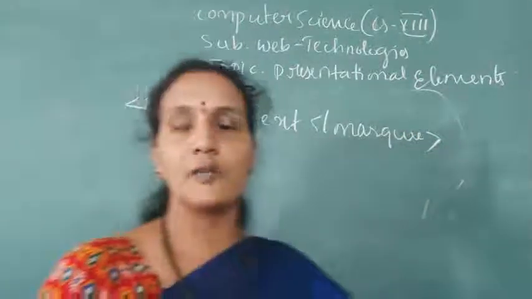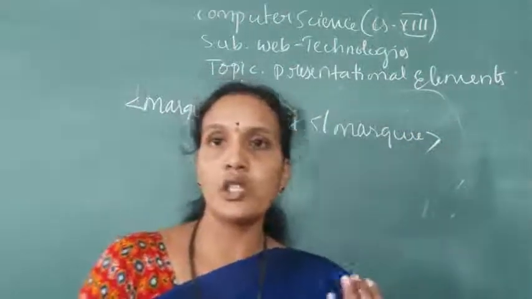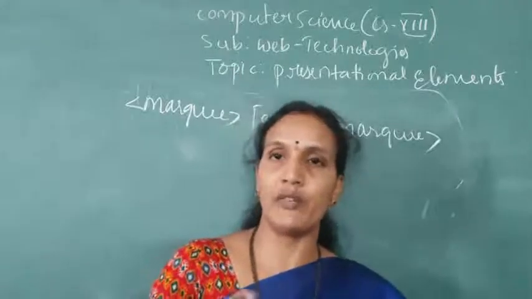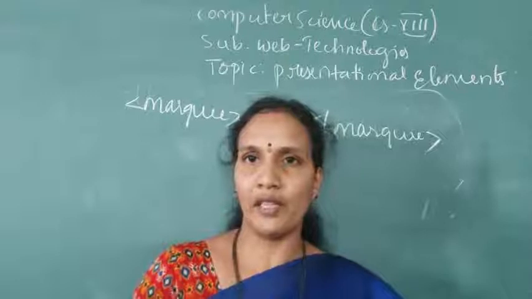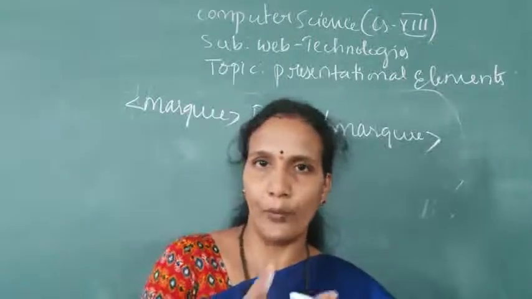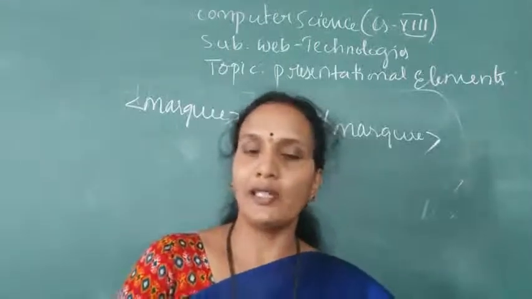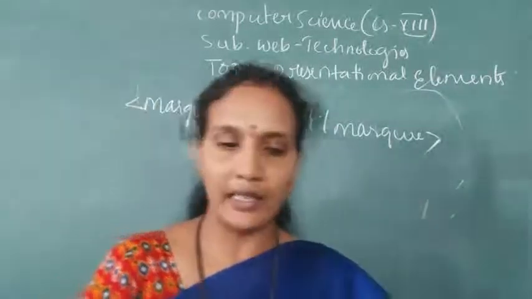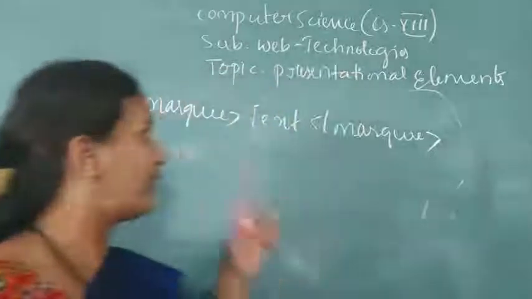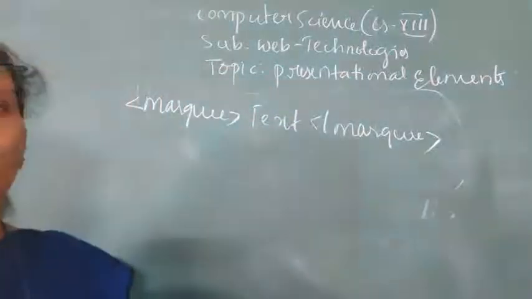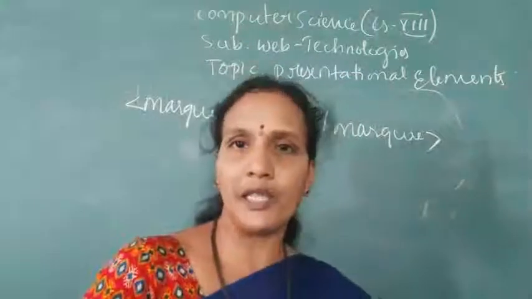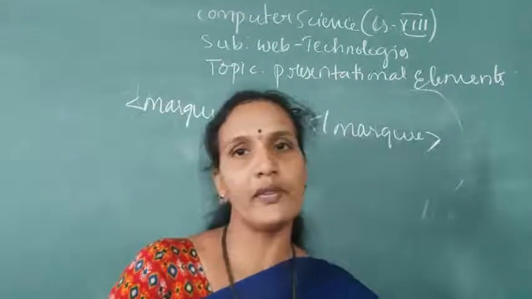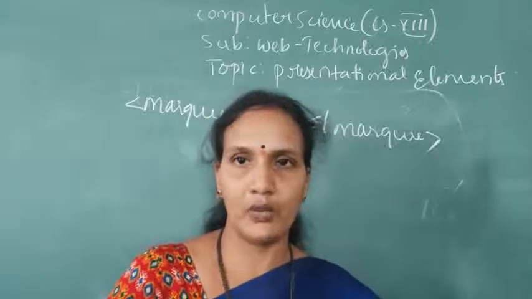This tag will display the text in a scrolling manner. For example, on particular websites, they give notifications, and that notification will scroll. So if you want to display a text like a notification, a scrolling text, then that text will be enclosed between a marquee opening and closing. And under presentational elements, you can include heading tags and paragraph tags. All those come under presentational elements only.